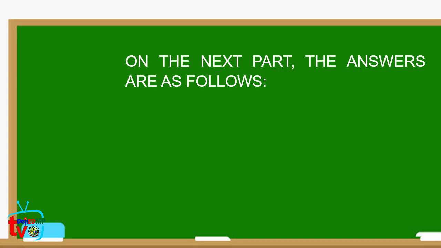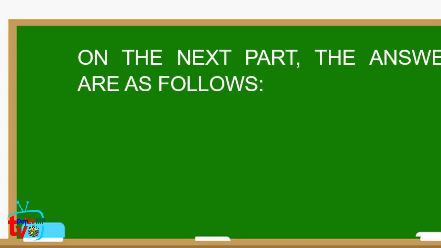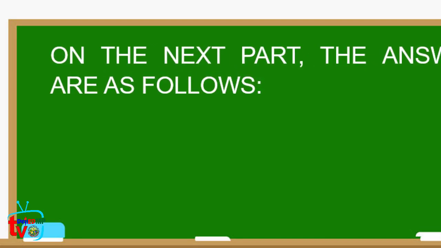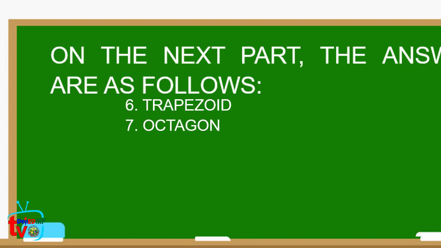On the next part, the answers are as follows. Number 6, trapezoid. Number 7, it's an octagon.